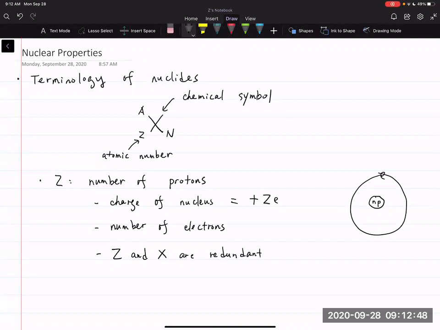That is why oftentimes we don't write this Z. When we put down the chemical symbol, let's say carbon, we don't have to specify the atomic number 6, because they are redundant. If you want to know how many protons or how many electrons are inside the atom, you can find it out from the periodic table.